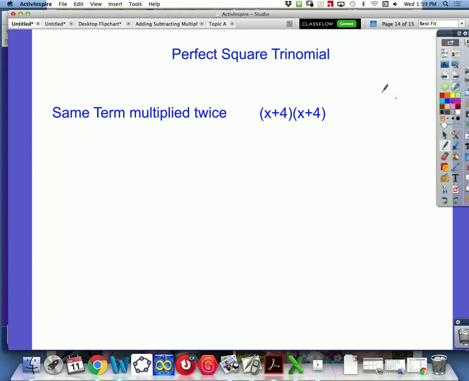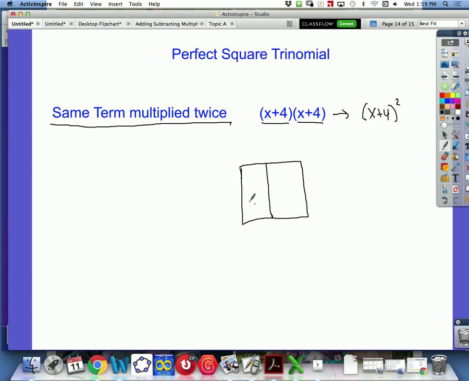A perfect square trinomial means you're going to have the same term multiplied twice. So for example, if I have x plus 4 times x plus 4, both of those are the same. You might also see it written as x plus 4 squared. When you see that, it doesn't mean anything has changed. We still have to do x plus 4 and x plus 4.